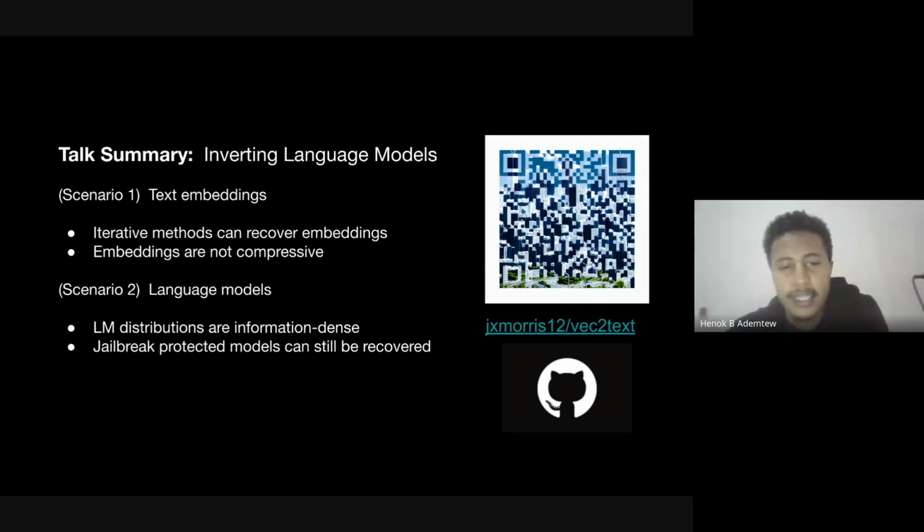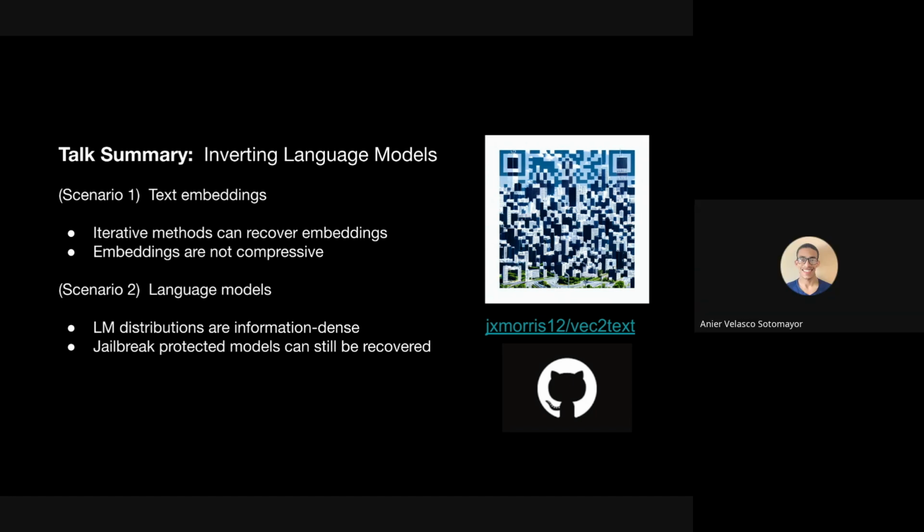Anir, go ahead. Right. So about what you mentioned on images, this is probably a more general question: what are your thoughts on the problem of inversion in machine learning?